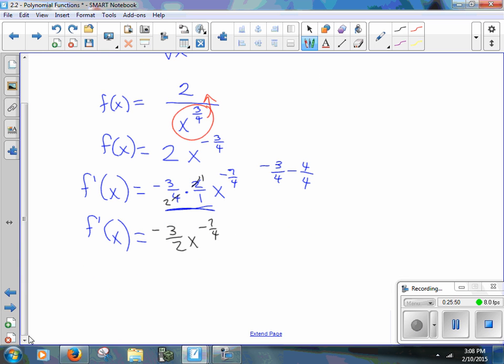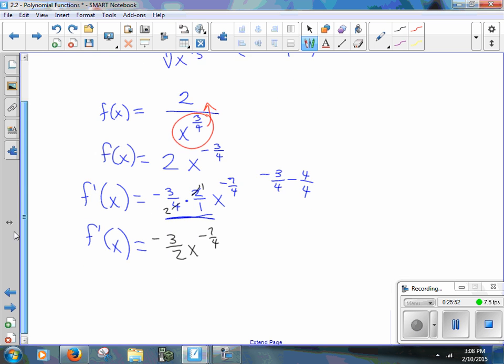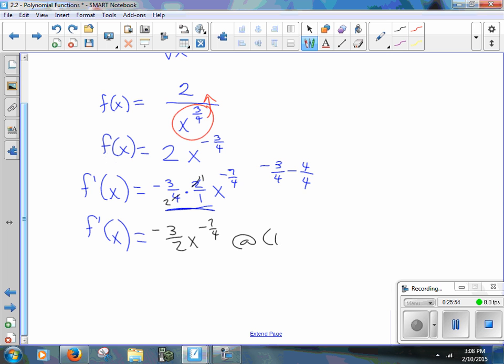However, I have to figure the slope at 1, 2. Is that the best derivative you can give me? What is the best f prime of x you can give me when x is in the denominator?